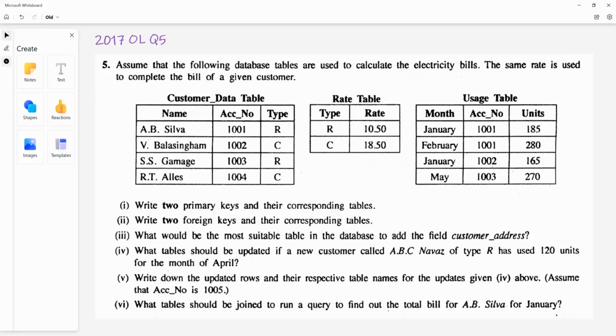You have been given three tables: customer data table, trade table, usage table.